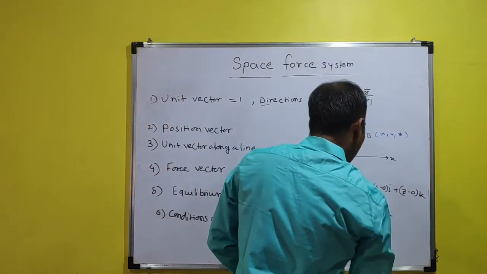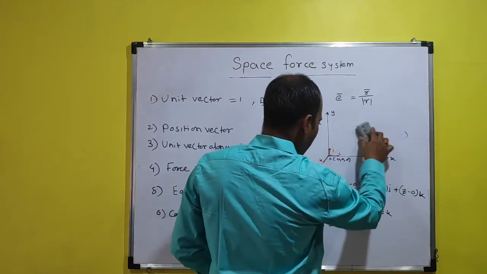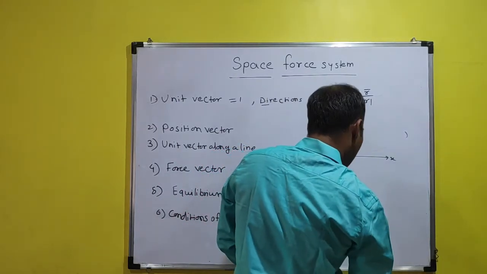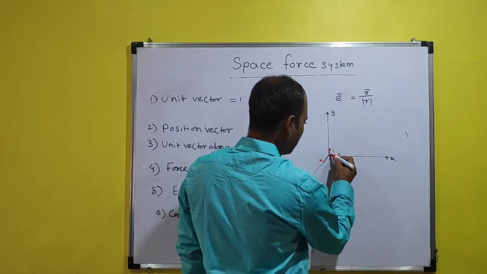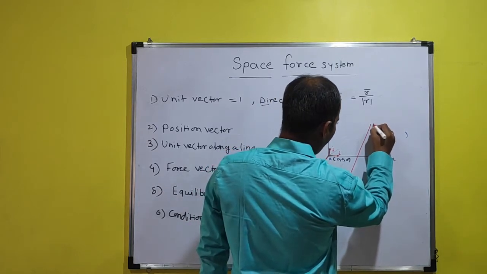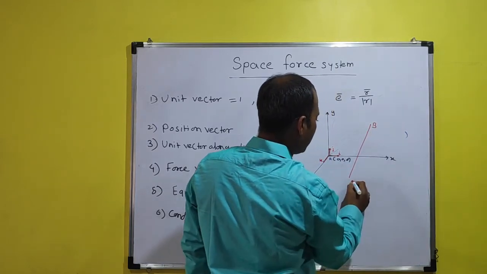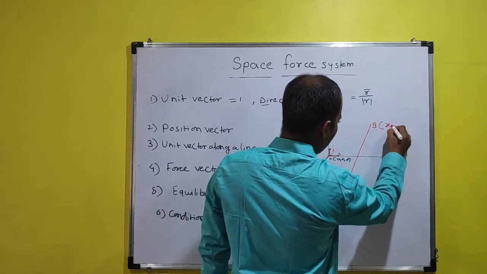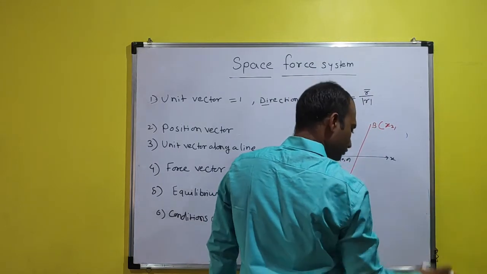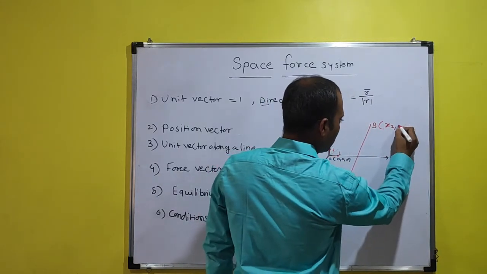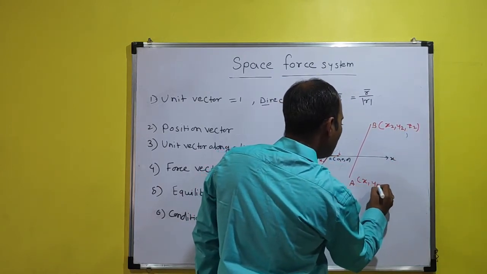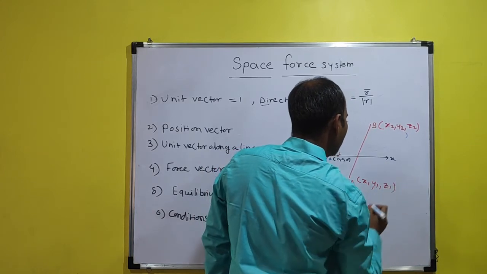So we will see another example. Let's consider there is another member over here. So this is point B and this is point A, and the coordinates are x2, y2, z2 and x1, y1, z1.